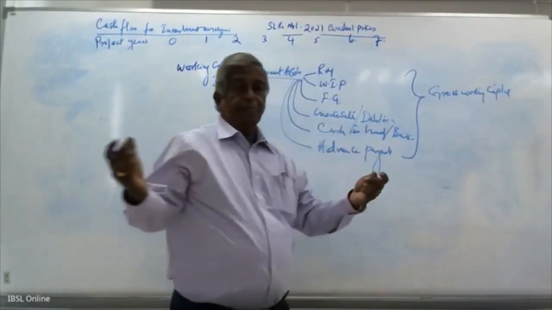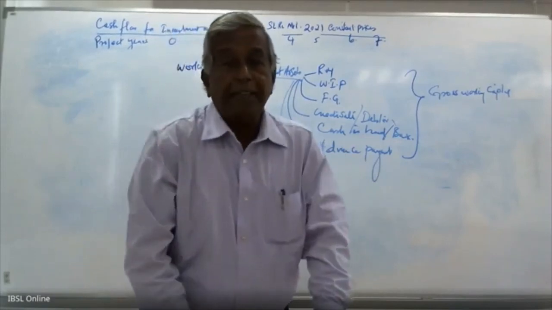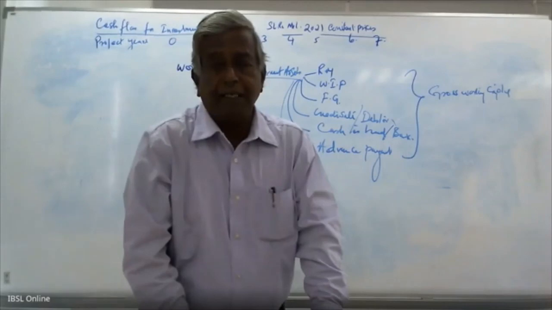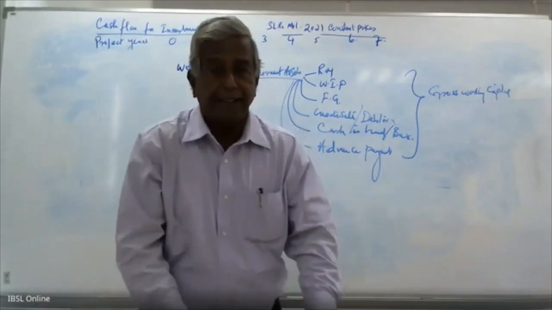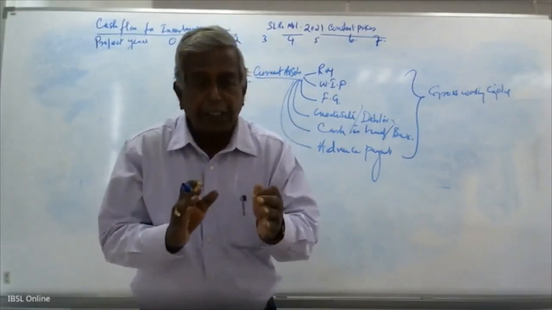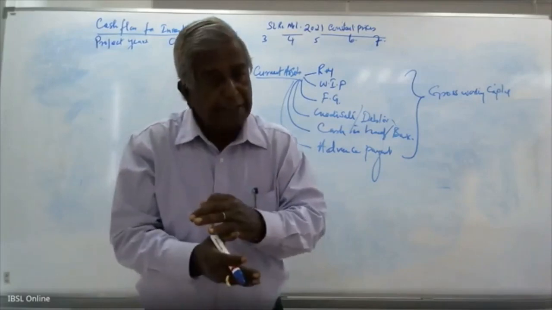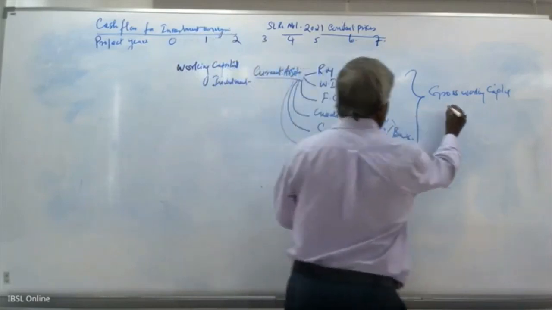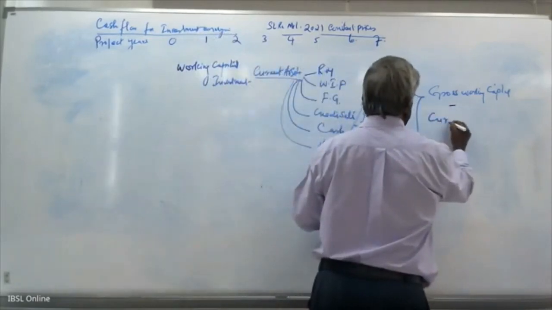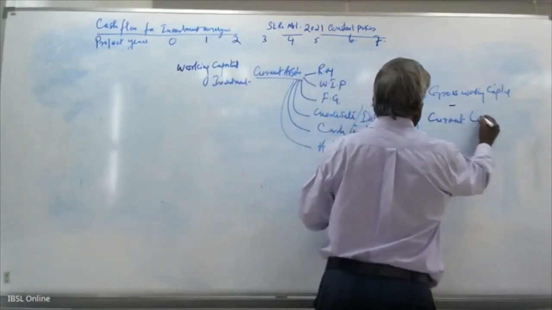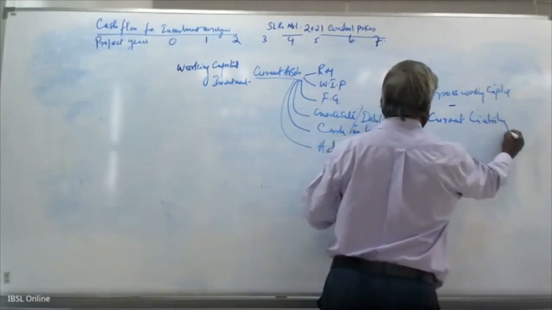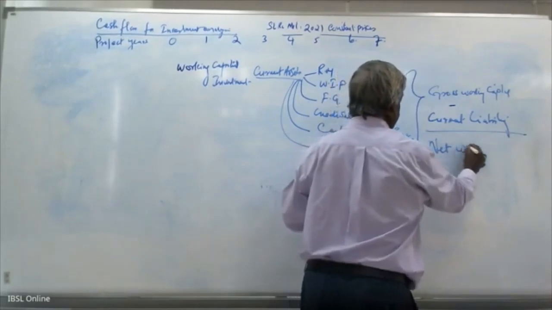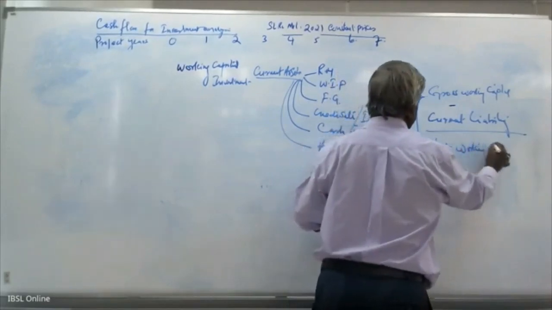When there is some supplier's credit, from a raw material supplier or packing material supplier, your cash requirement will be reduced by that amount. So current assets minus current liability, then you will get the net working capital.